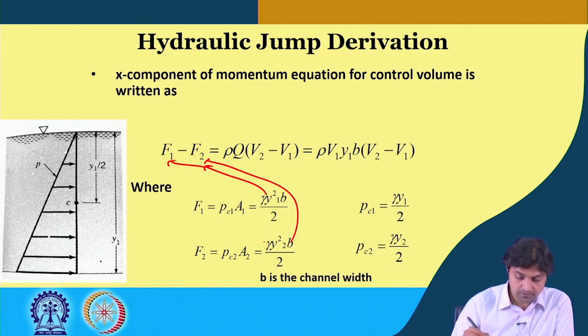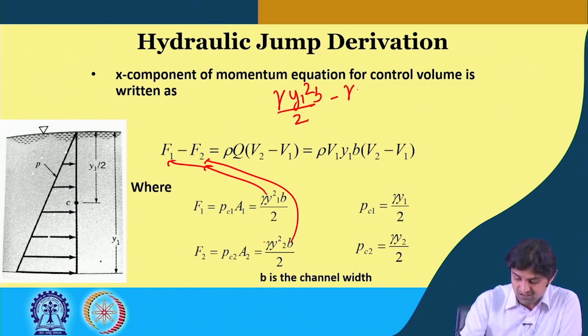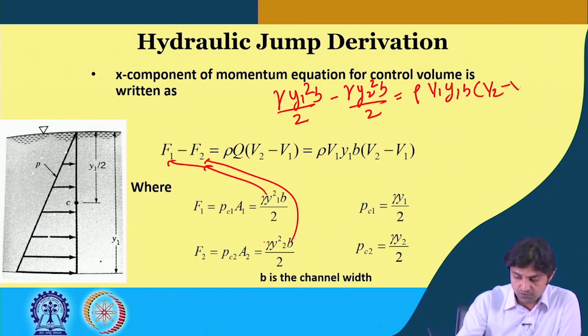This will be gamma Y1 square B by 2 minus gamma Y2 square B by 2 is equal to rho V1 Y1 B into V2 minus V1.